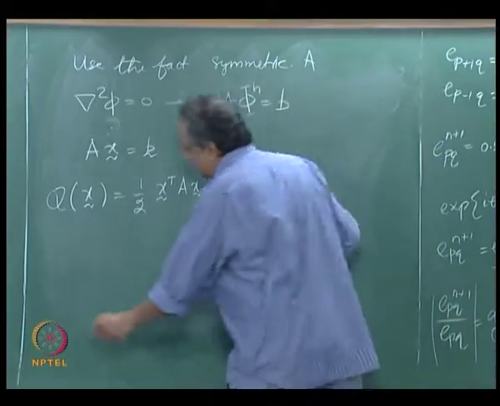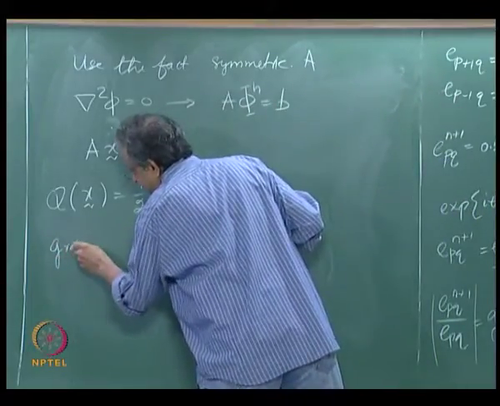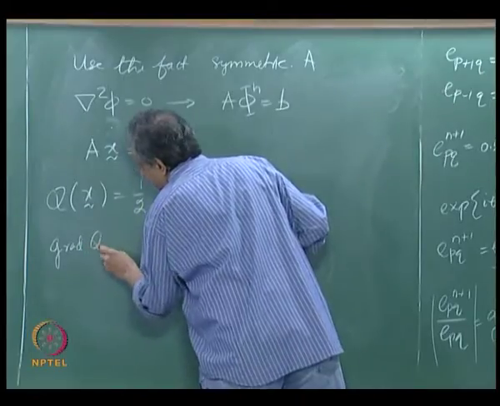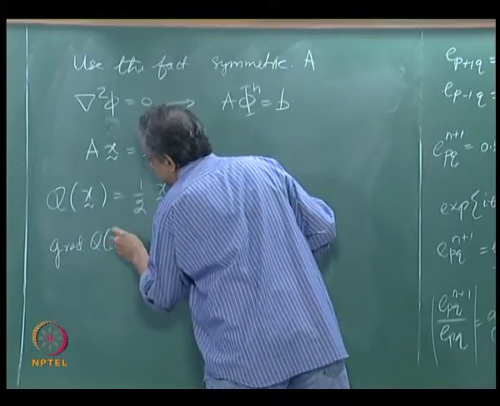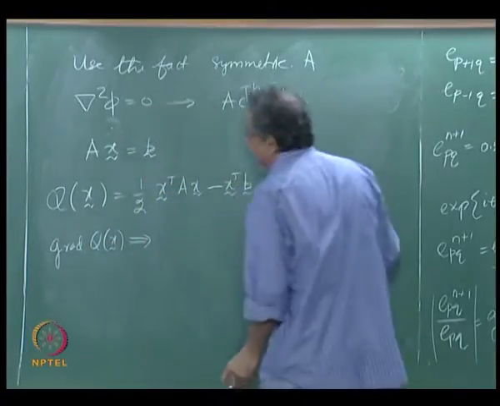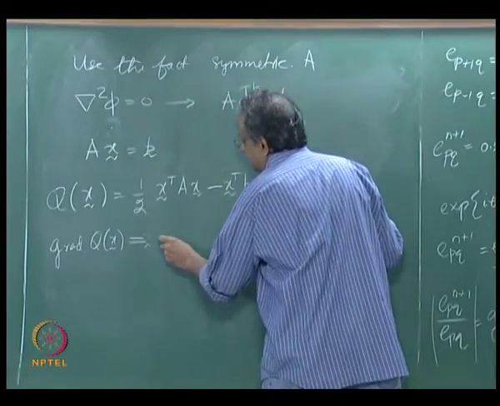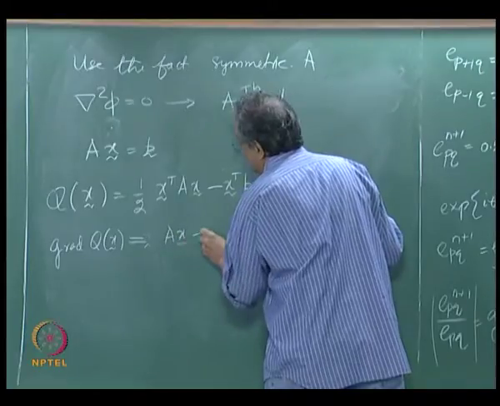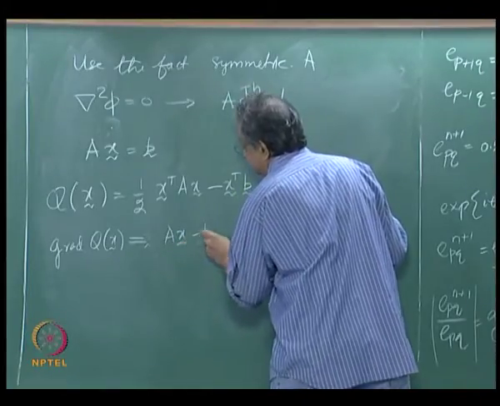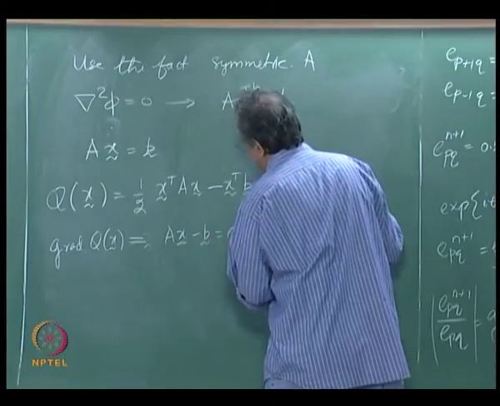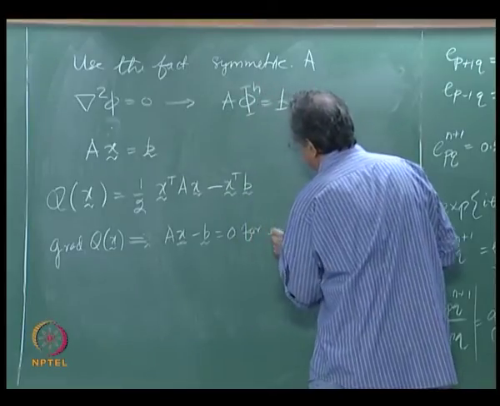That's the only reason we are doing what we are doing, just so that the equation is consistent. And we already saw that the gradient of q of x tilde gives us, because A is symmetric, A x tilde minus B tilde equals 0 for extrema.